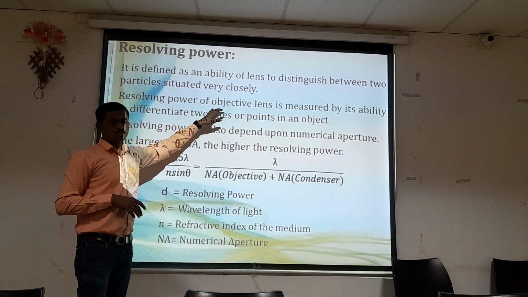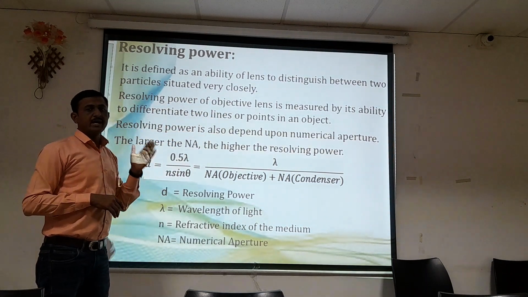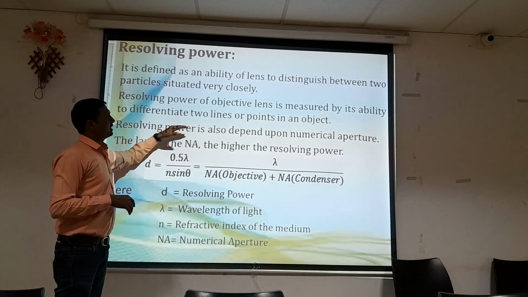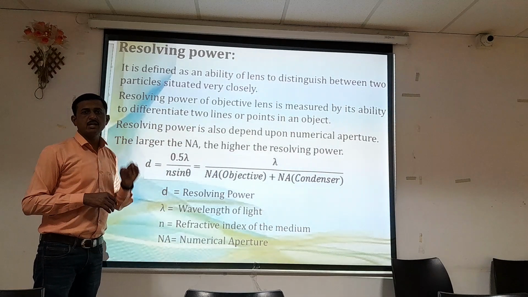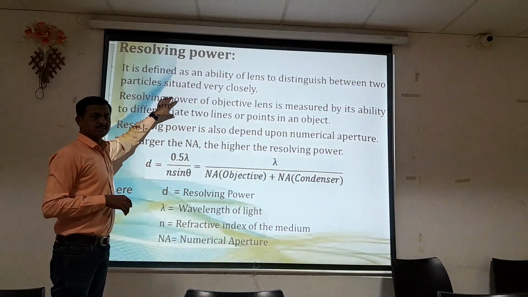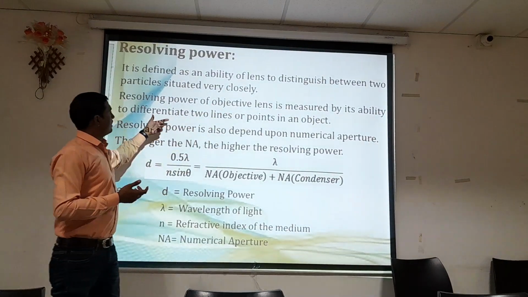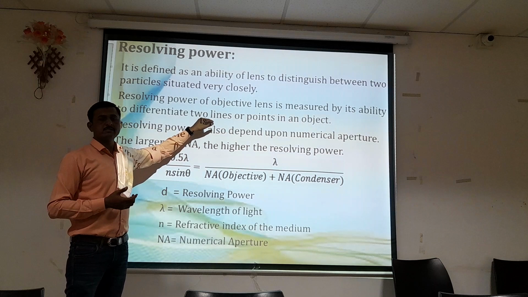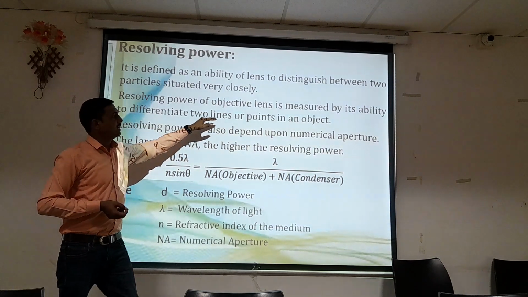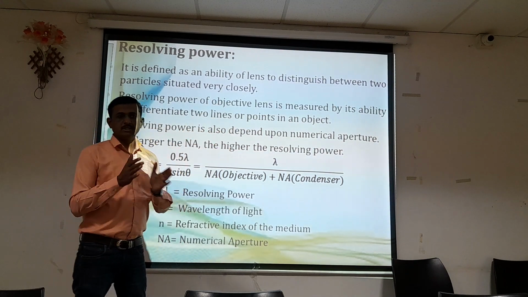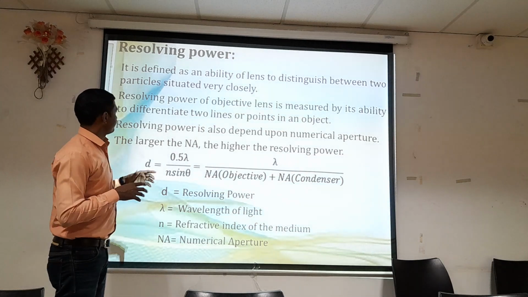The resolving power of the objective lens is measured by its ability to differentiate two lines or points in an object, so that we can differentiate one from another.